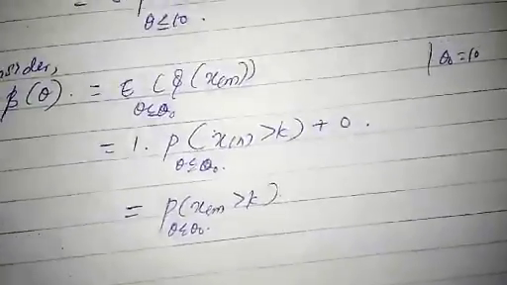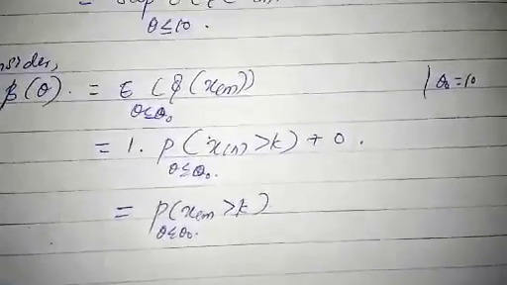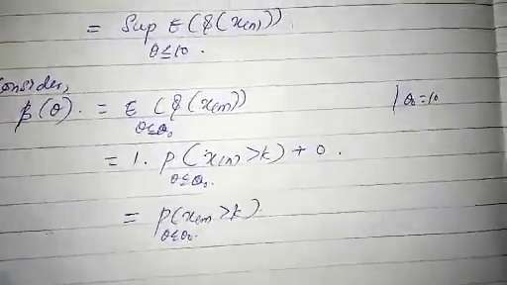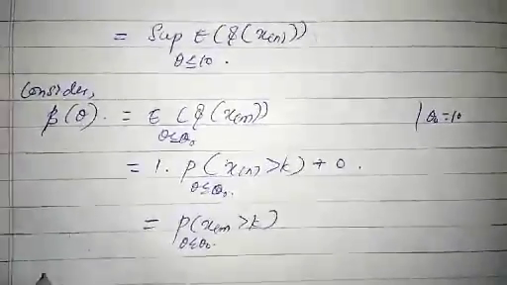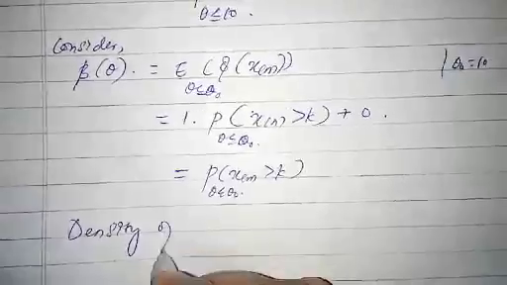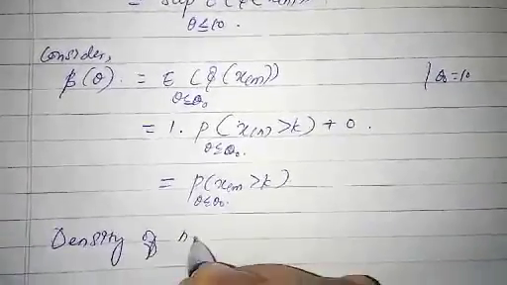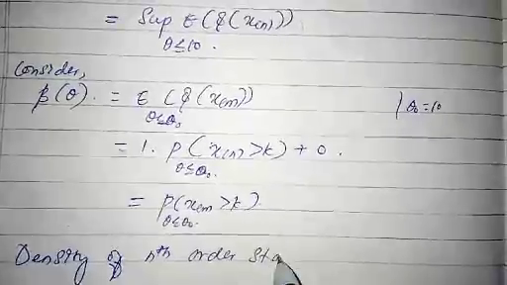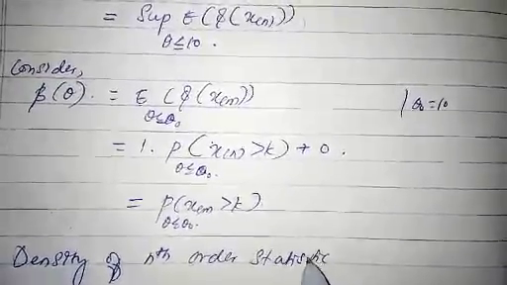So for that, first we have to find out the density of the nth order statistic, right? What is the density function of the nth order statistic? How to find the density of the nth order statistic? There is one formula, right?